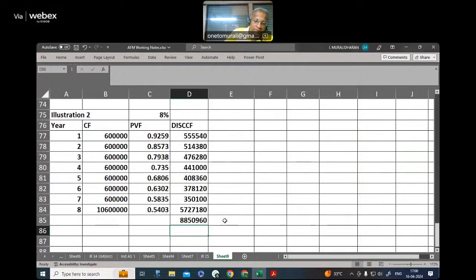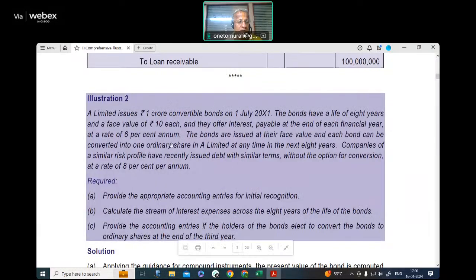So it is 88 lakhs 50,960 is the value that we should take towards the loan, and the remaining amount has got to be taken for equity. So debit, in whose books? In the books of A Limited.